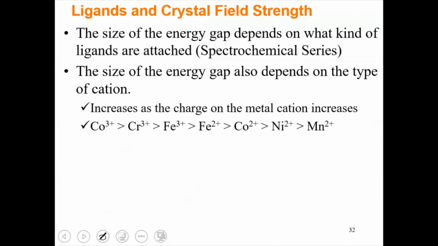That's the spectrochemical series. Now, we didn't discuss this, but actually the size of the energy gap can also depend on the type of cation. And typically, as you increase the charge on the metal cation, you also tend to increase the crystal field splitting. Another thing that affects the crystal field splitting is the size of that cation.